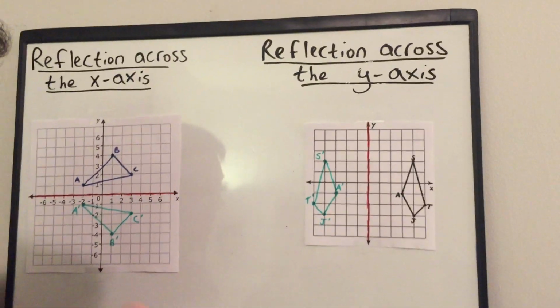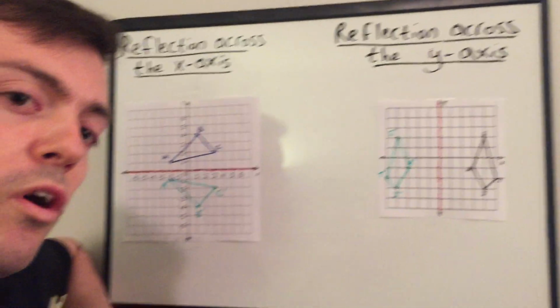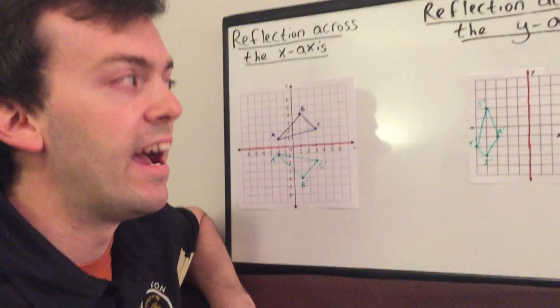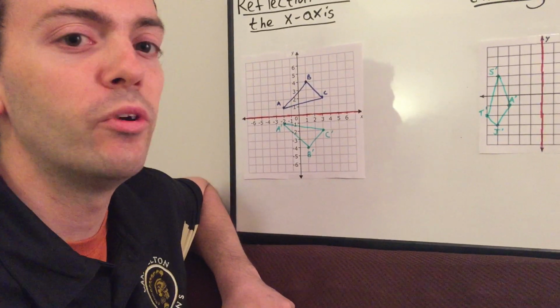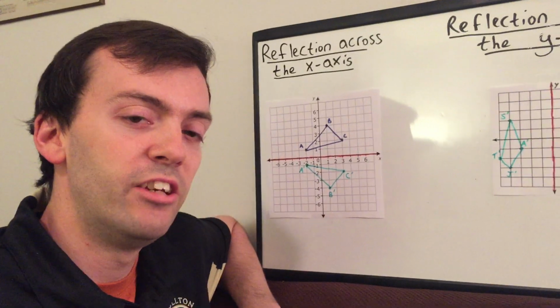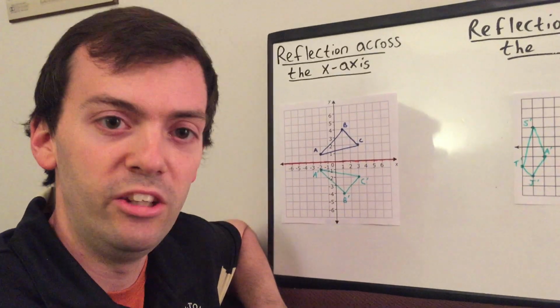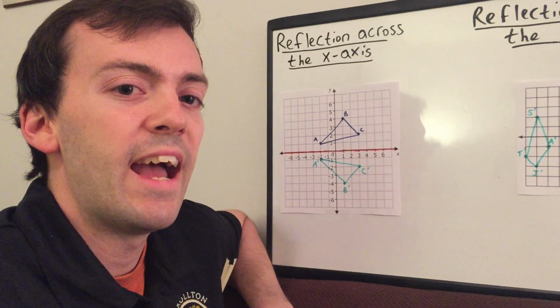Now the last thing I need to mention is I know you have one question on there that asks you to write a rule for a reflection. All you're going to do with that, unlike translation where you had a particular notation that you needed to do, you don't really have that for this.